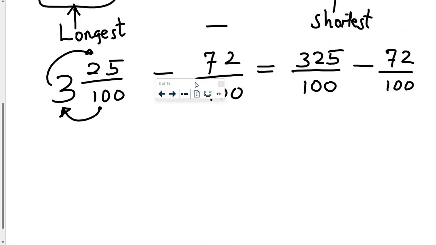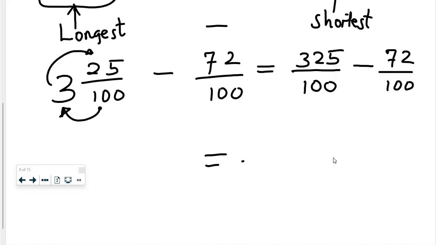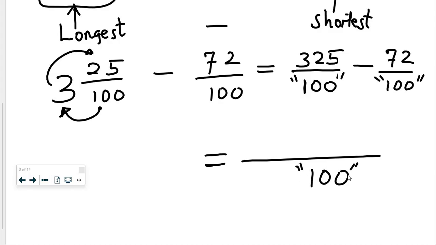Now, since the denominators are the same, you put a line like so, and then write 100. Because this denominator and this denominator are the same, copy this number and this number. 325 minus 72.